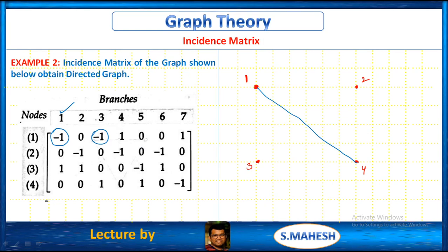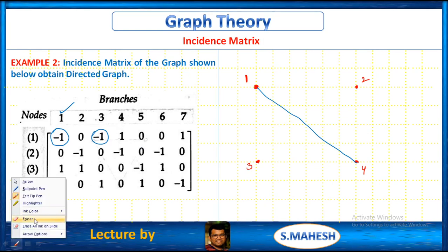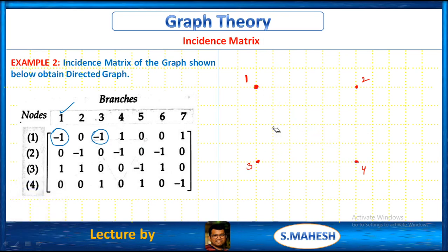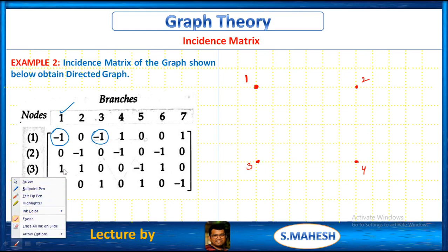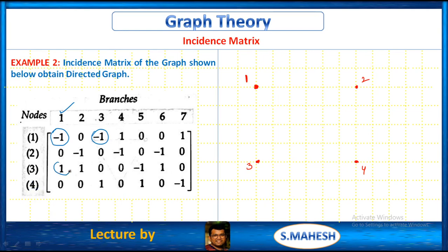Okay. What is the resultant? The algebraic sum of column entries is equal to 0. So, from this A11, branch 1, node 1 is minus 1. Like that, branch 1, node 3 is what? Plus 1. So plus 1 means what? The current is away from this node. Like that, the same current can be towards node 1.